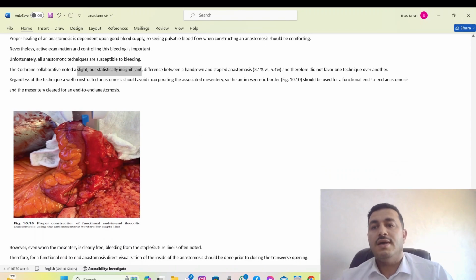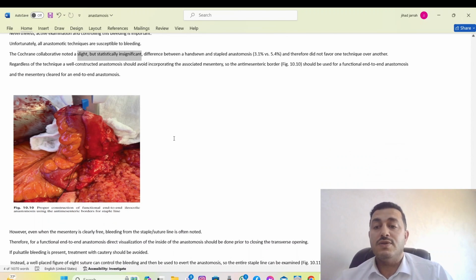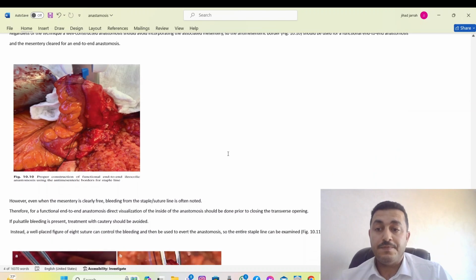What we should be aware of when we construct the anastomosis is to do it on the anti-mesenteric side and to move the mesentery out of the field of the anastomosis.